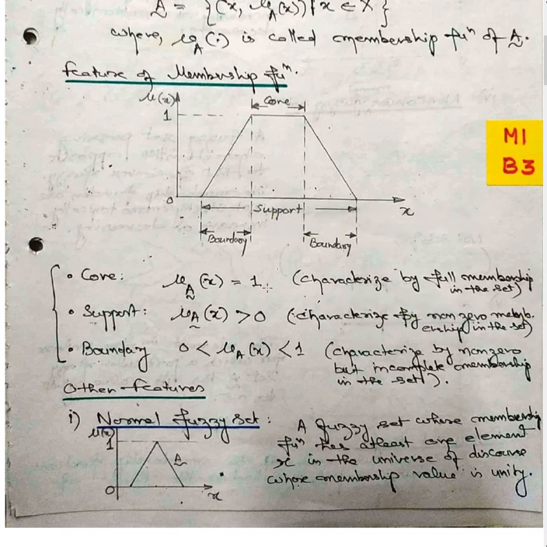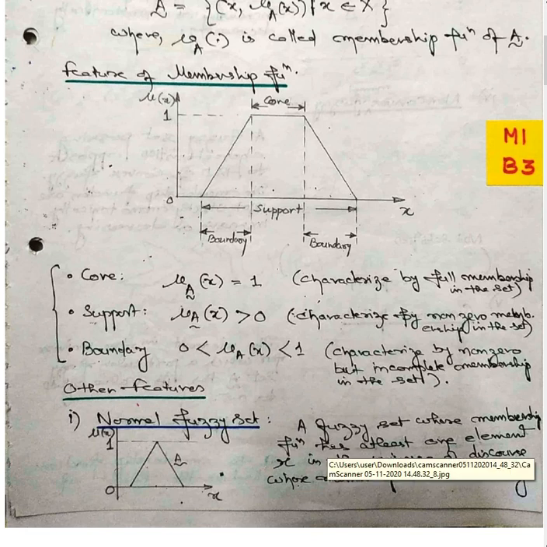Now we will see some of the features related to this membership. The very first is the normalized fuzzy set. What exactly does the normalized fuzzy set indicate? It has two values, 0 and 1, and apart from that the other values are fuzzy values.